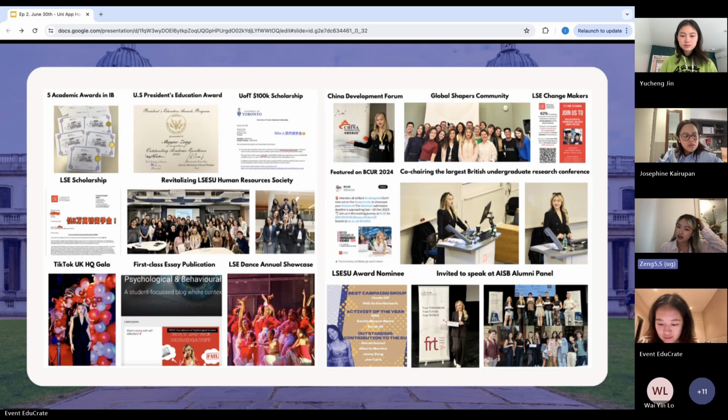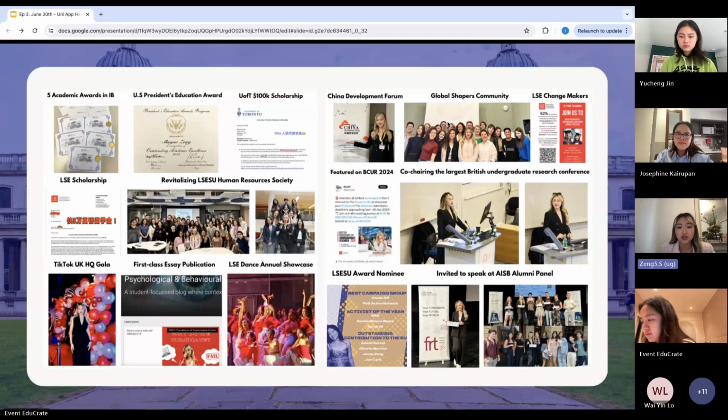At the LSE, I'm pretty involved in a lot of things, and I've just finished my first year there. I revitalized the LSE Human Resource Society. I was invited to TikTok headquarters in the UK for a winter gala, and my first class essay got published on our Psychological and Behavioural Science department website.